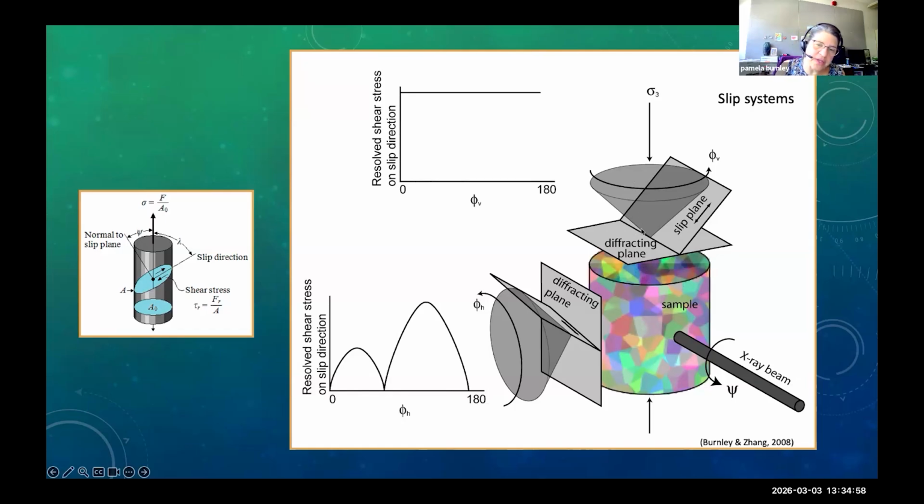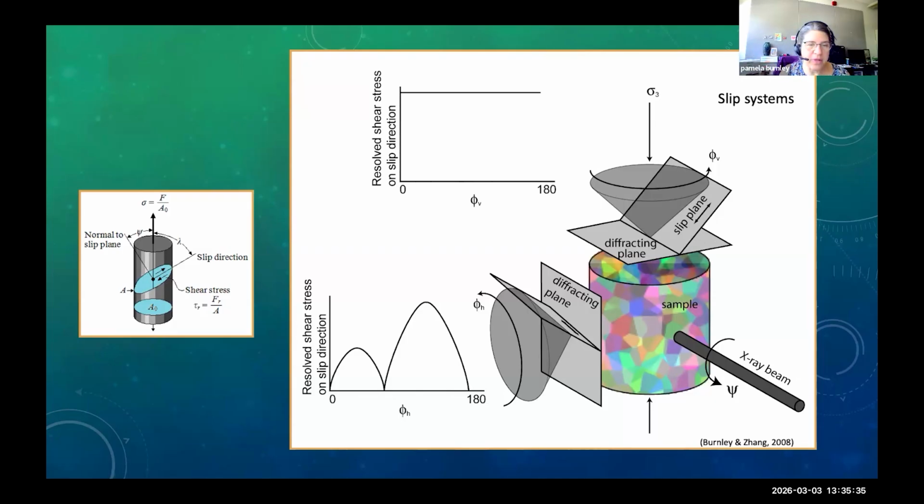So that's what I'm trying to illustrate here. Imagine that here's the diffracting plane for all the grains that are diffracting into detectors 1 and 9. The fact that they're diffracting constrains it, that's how it chooses which group gets to be here, right? That they have their diffracting plane like that. But it doesn't constrain which grains get picked perpendicular to the compression direction.